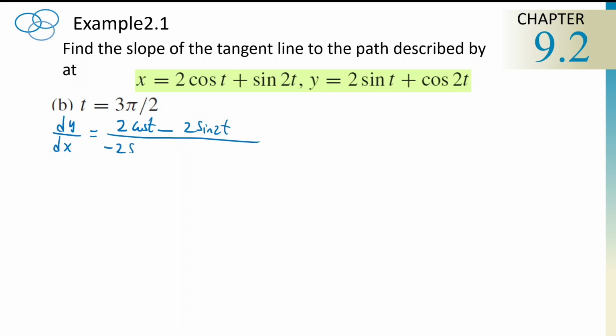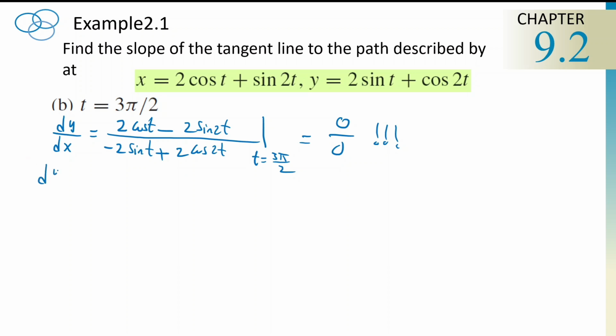Down, it's negative 2 sine of t plus 2 cosine 2t. This time we replace it at t equals 3 pi over 2. So with direct substitution, it will give 0 over 0, which is an issue in this case. So if I have 0 over 0, then I need to use the idea of limit.